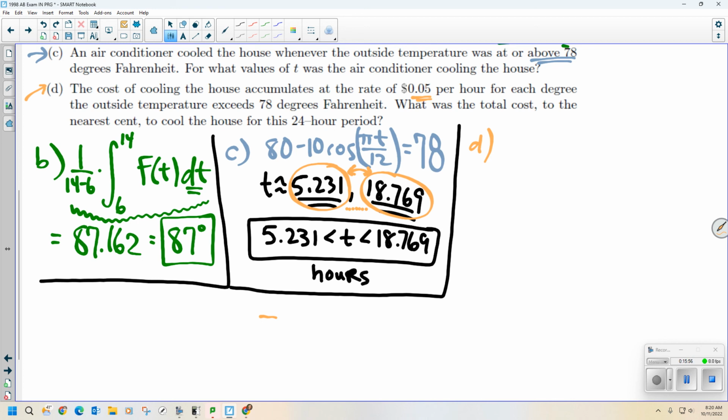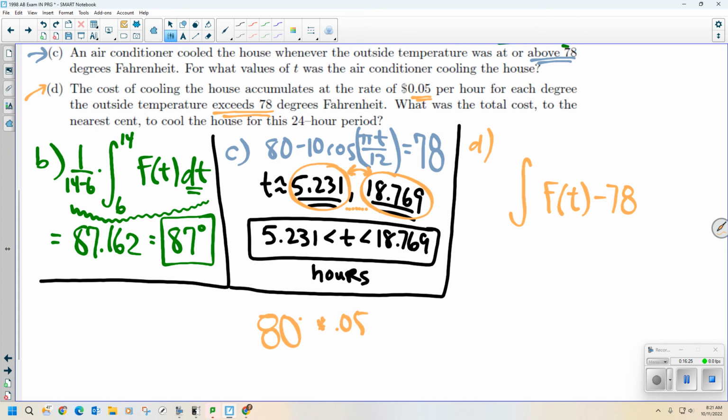So I'm going to integrate my capital F of t, but I'm going to subtract 78 from that. Okay, because I want it when it's over 78. So let's say it's 80 degrees. Okay, look here at the bottom. That's really only, I'm not going to take that and multiply it by my nickel.